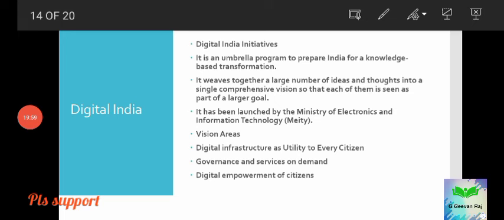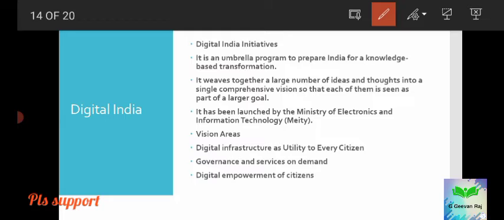Digital India Initiative. It is an umbrella program to prepare India for a knowledge-based transformation. So, Digital India is basically an umbrella program consisting of various sub-programs to prepare India for a knowledge-based transformation.